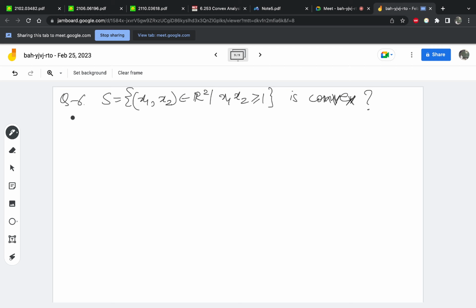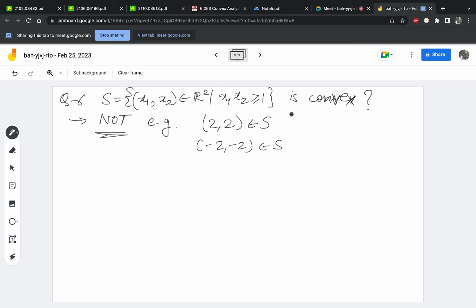By the way, although I'm skipping this, it's very important. When we say that it's not convex, we need to give an example. So let's take 2 comma 2; 1 comma 1 may or may not work, but 2 comma 2 surely works. Take the point on the other end.